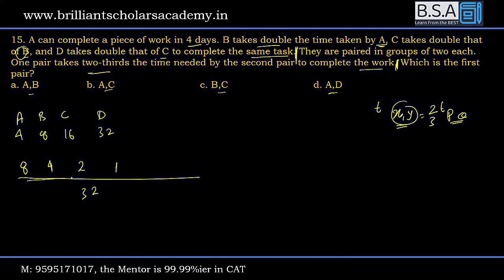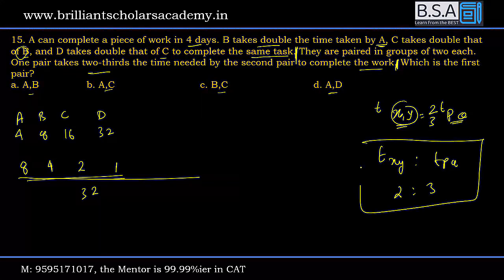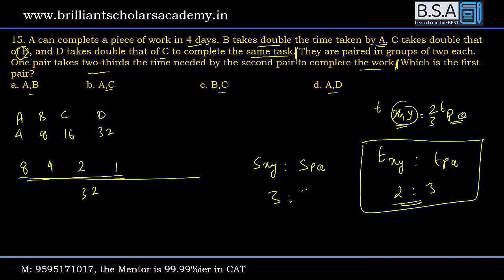These are the speeds. Now here rather than finding out the number of days, do you understand? Observe the X and Y pair and P and Q pair have the time in 2:3. Can I think reverse and say the speed of X and Y and the speed of P and Q will be 3:2?